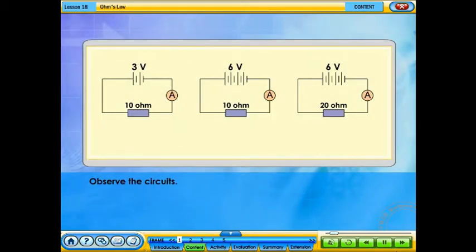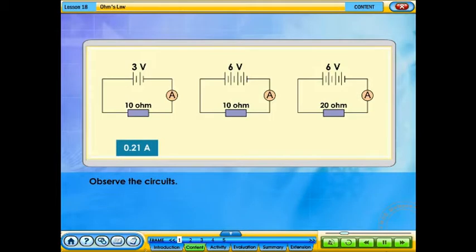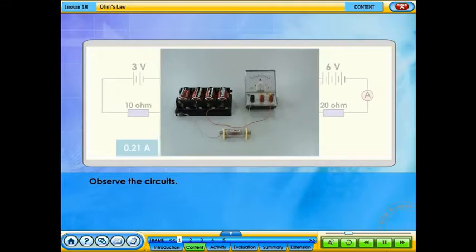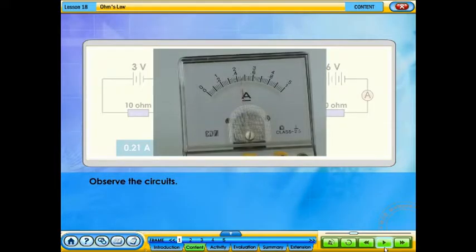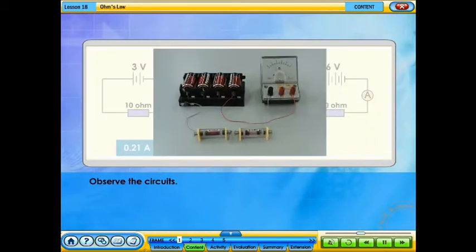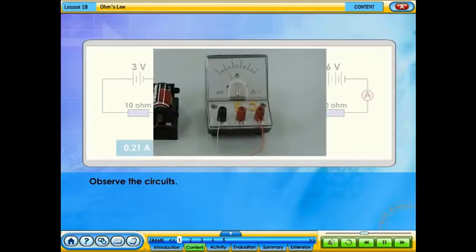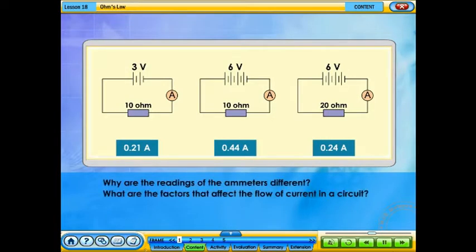Observe the circuits. Why are the readings of the ammeters different?